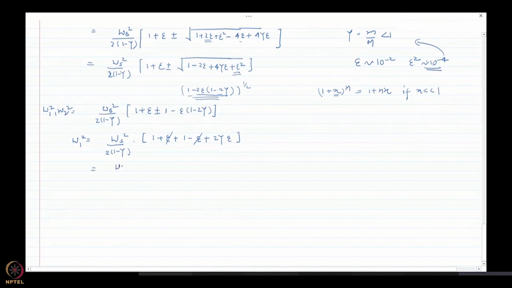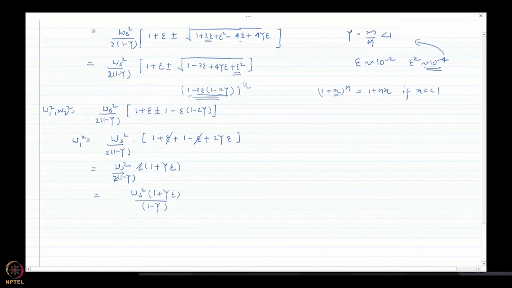What I will get here, omega square 2 times 1 minus gamma, okay, 2 plus 1, so if I take 2 common, 1 plus gamma zeta. Okay. Now this will cancel off here and I will get omega square times 1 plus gamma zeta and 1 minus gamma.